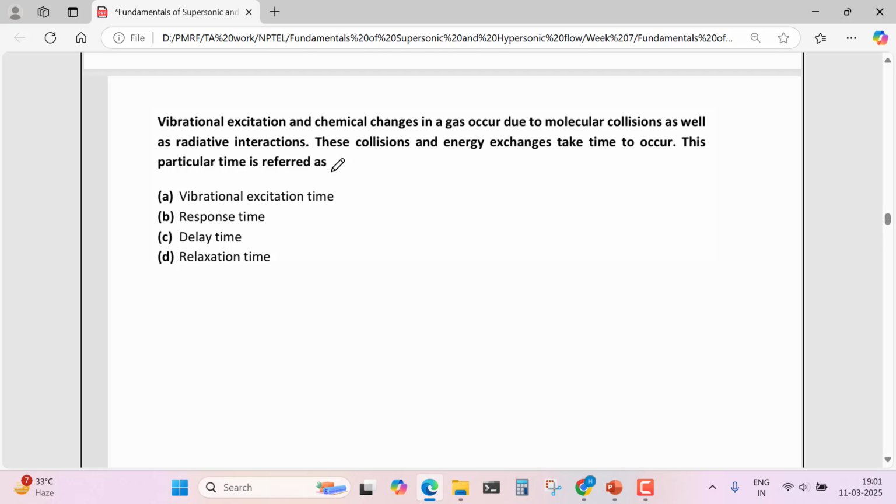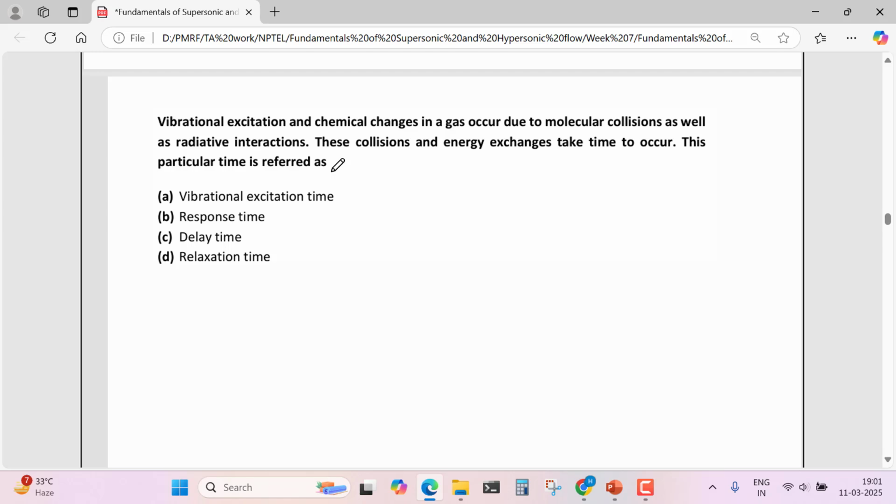So for the collision also it takes some time, and for the successive collision it is given by the distance, the mean free path. So a molecule has to travel the mean free path for one collision to happen, and it takes multiple collisions for a chemical reaction or vibrational excitation to occur.